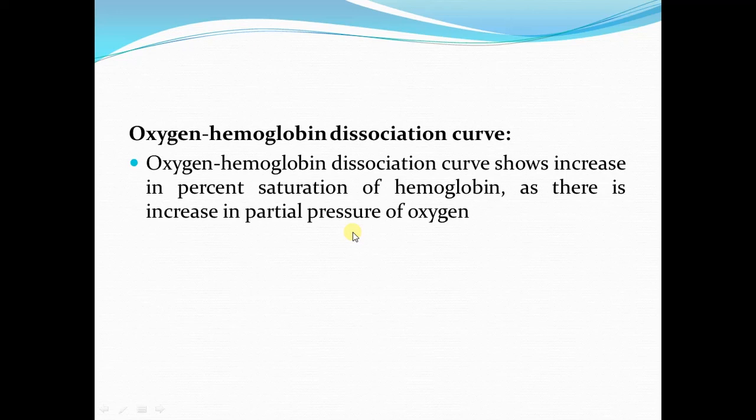It shows a relationship between the partial pressure of oxygen and the percentage of hemoglobin which is saturated with oxygen. Hemoglobin saturation at different partial pressures of oxygen is different, and this relation is shown by the oxygen hemoglobin dissociation curve.